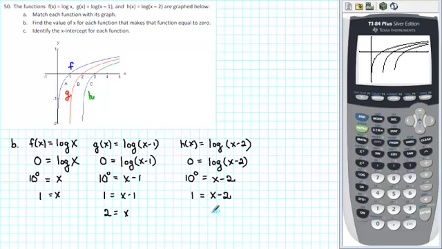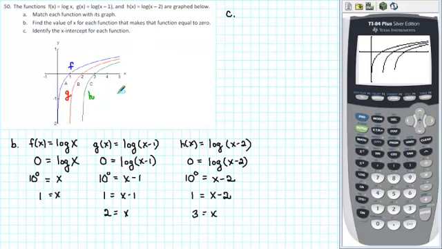Add 2 to both sides and we get x is equal to 3. Notice that 3 is the x-intercept of h. So 3 is the value of x that makes h of x equal to 0.